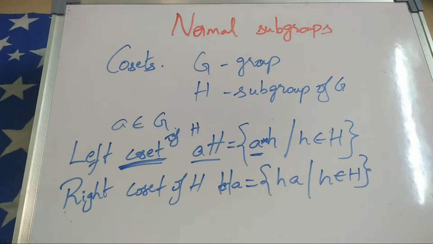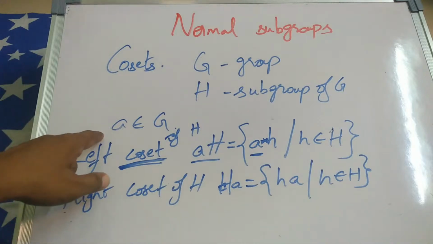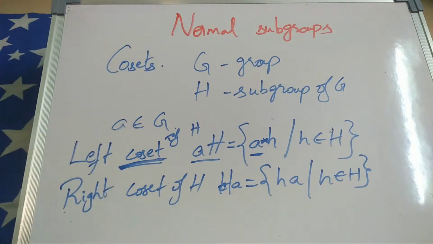So we will see a few examples where they are the same and a few where they are not. We will list the elements in the coset and see what happens. We are fixing an element of the group, so you can find a coset for every element in the group.